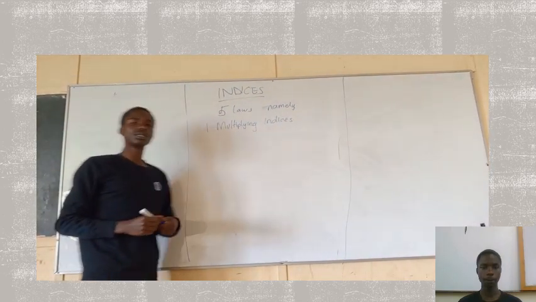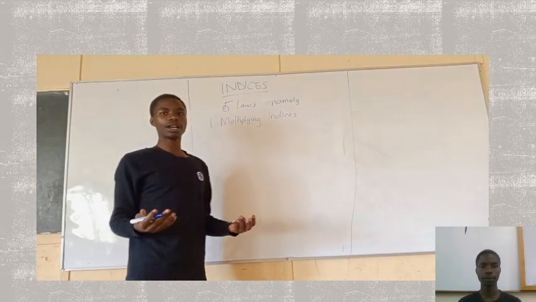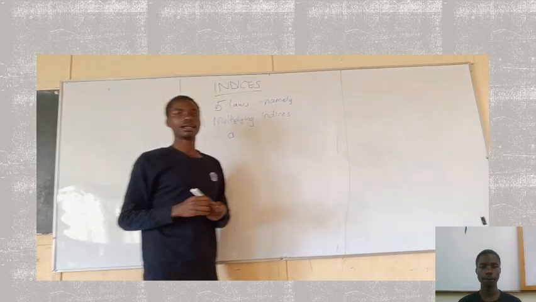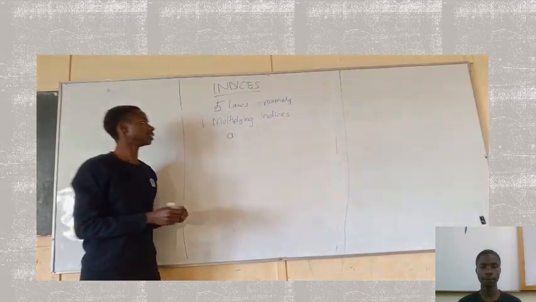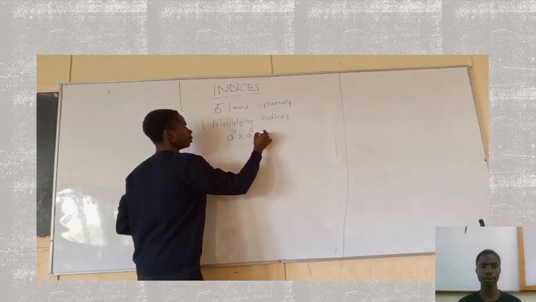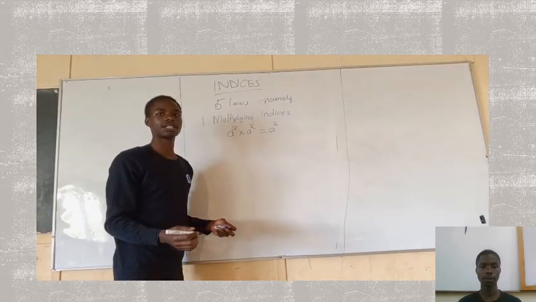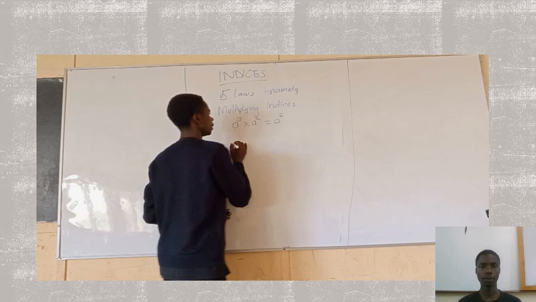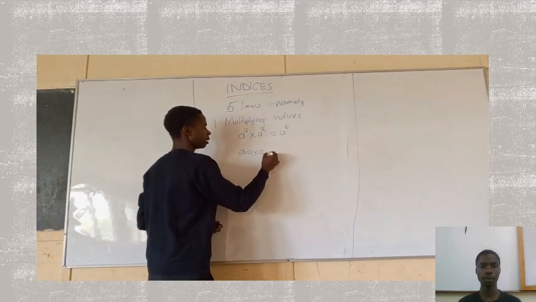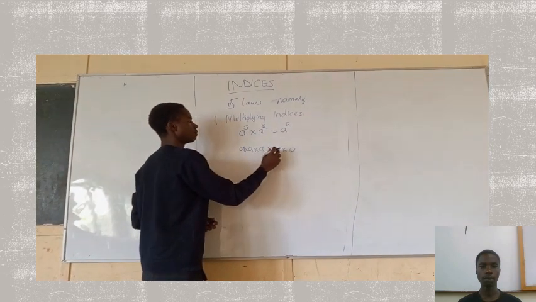When we are talking about multiplying indices, for example, we have the same base, A. A power 3 multiplied by A power 2 is A power 5, which can be expressed as A multiplied by A, multiplied by A, multiplied by A, multiplied by A: 1, 2, 3, 4, 5.